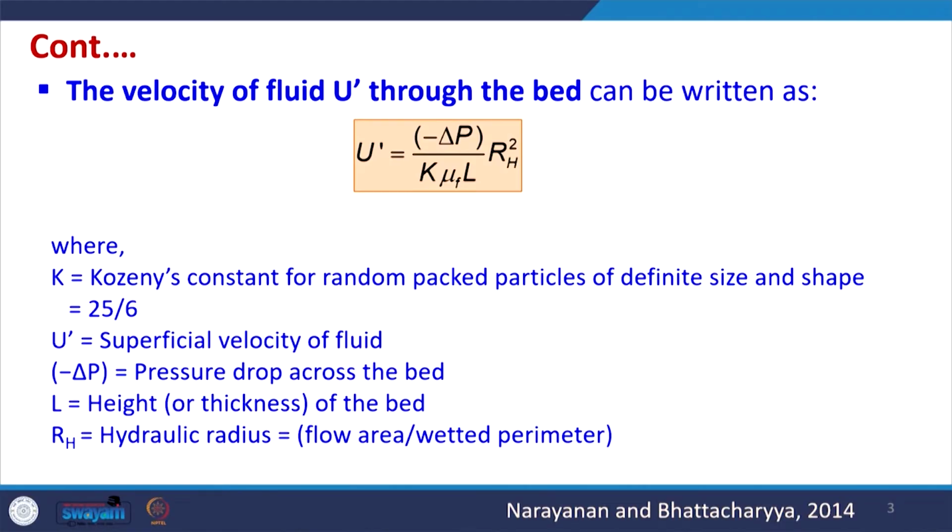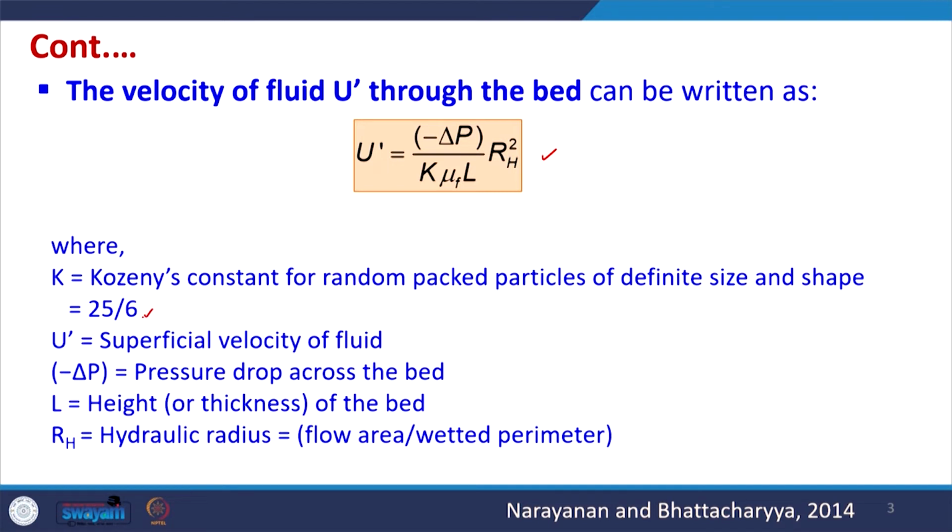Now, using this theory we can easily get this particular equation from the literature, and in this equation the superficial velocity of the fluid through the packed bed can be written as u dash equals minus delta p by L into R h square divided by k mu f, where k is the Kozeny's constant, and for random packed particles of definite size or shape it can be taken as 25 by 6.